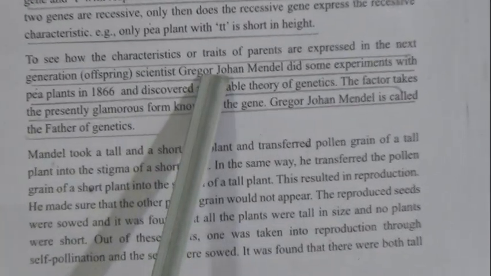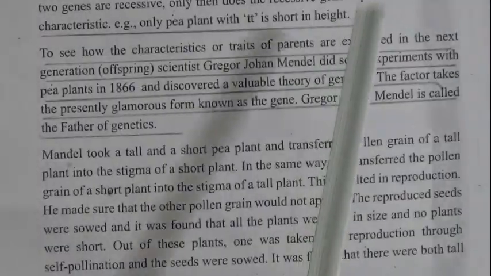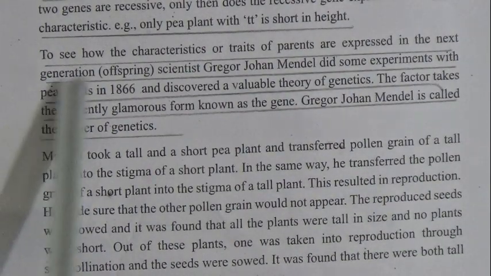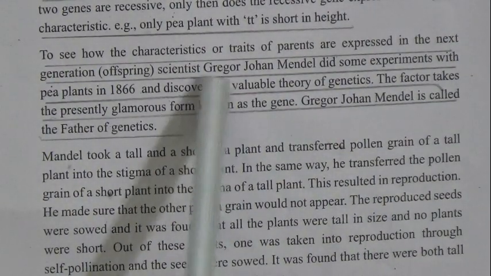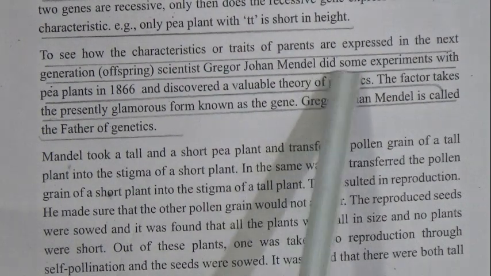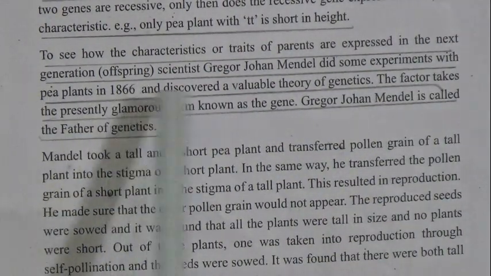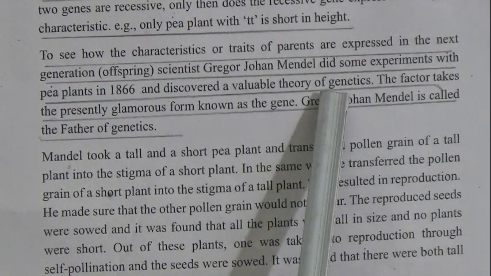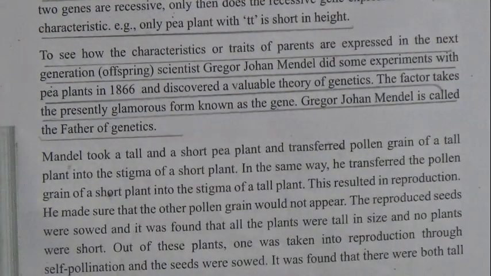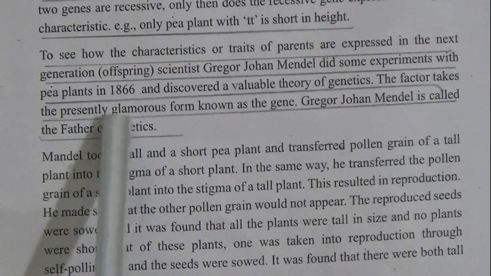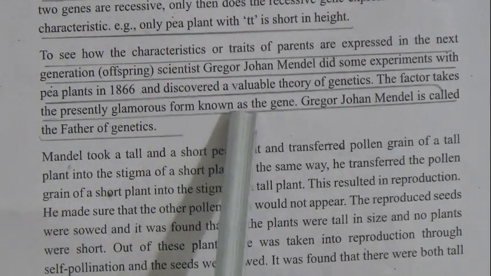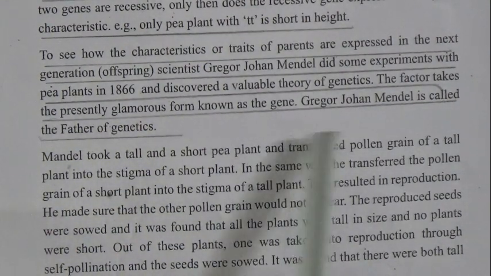Now to see how the characteristics of traits of parents are expressed in the next generation offspring, scientist Gregor Johann Mendel did some experiments with pea plants in 1866 and discovered a valuable theory of genetics, the fact that is presently known as the gene.